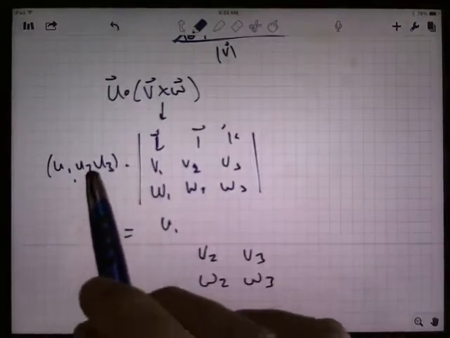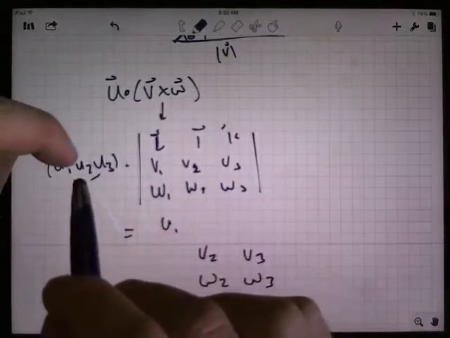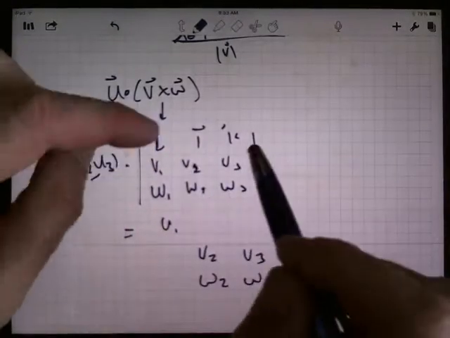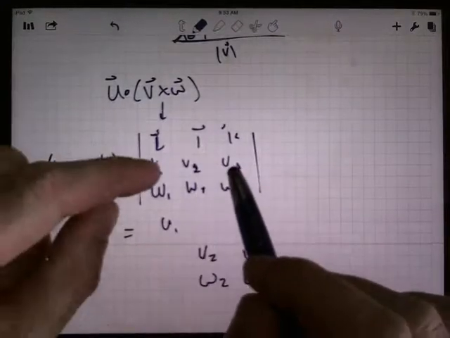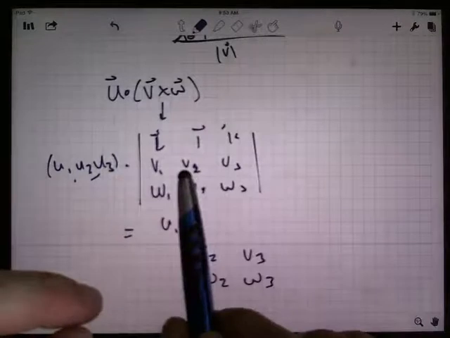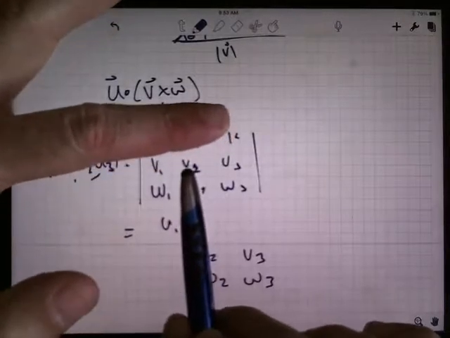Likewise, the second thing in this dot product is U2 times the second component over here. Well, the second component over here is negative J times the subdeterminant with those two. Cover this up, cover that up, right?